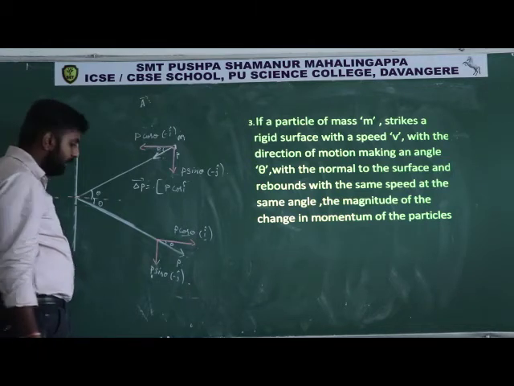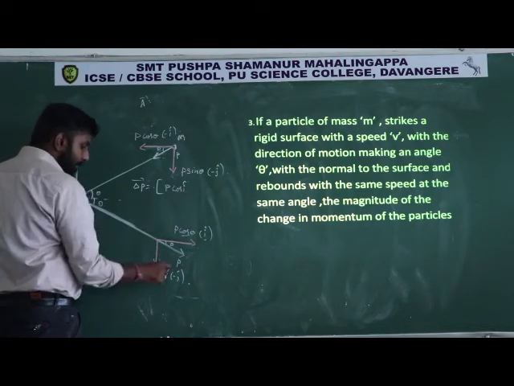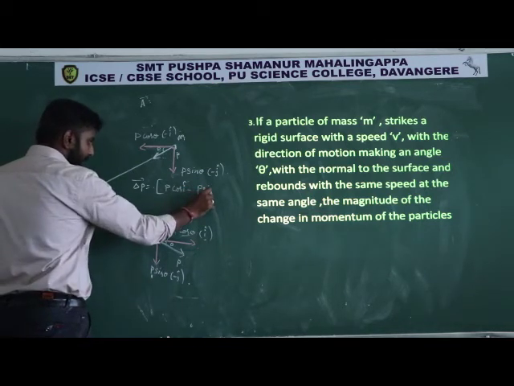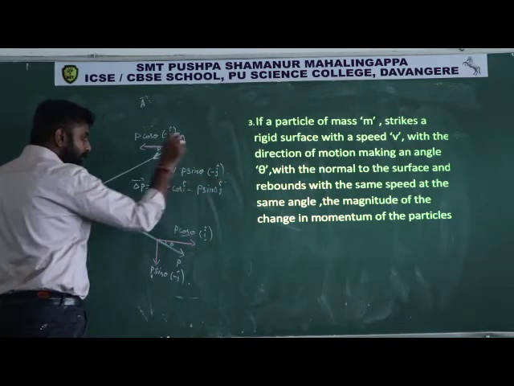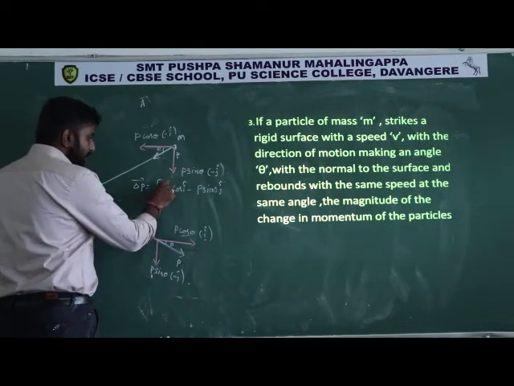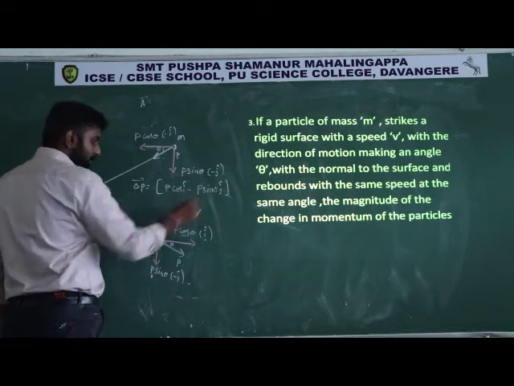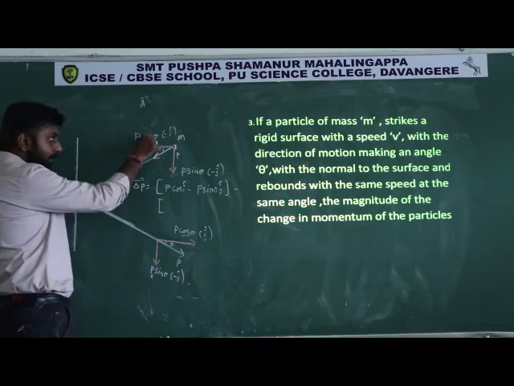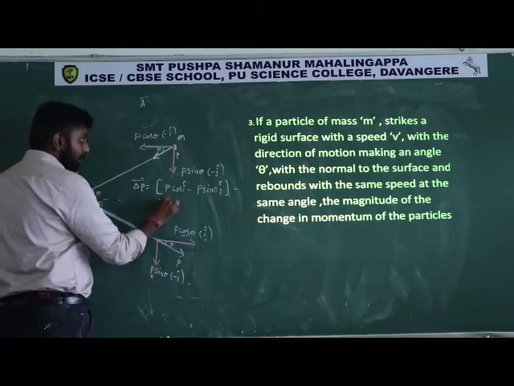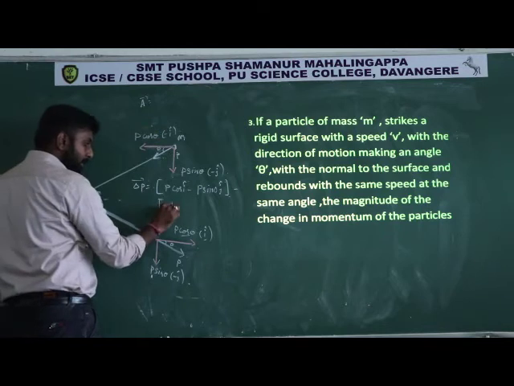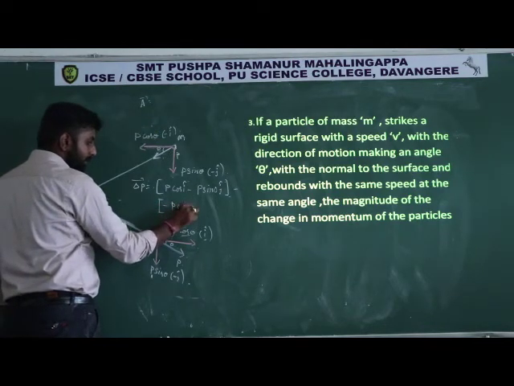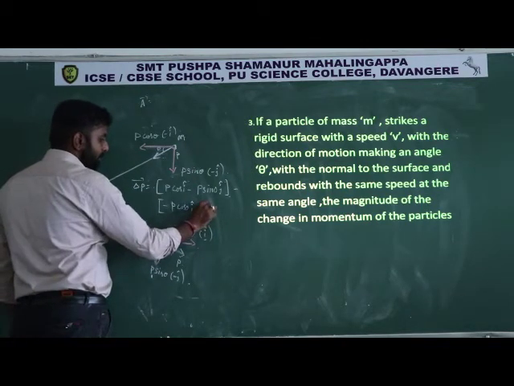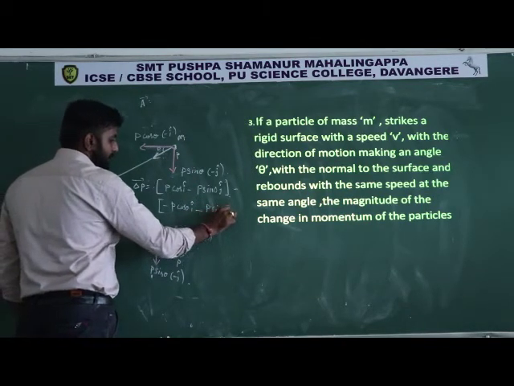In a similar way, here P cos theta i cap plus, but here minus is there, I will write minus P sin theta j cap. Right. Then this is final vector minus initial vector. Initial vector is here. Initially it is moving in negative x axis, so minus P cos theta i cap, and negative y axis, minus P sin theta j cap.